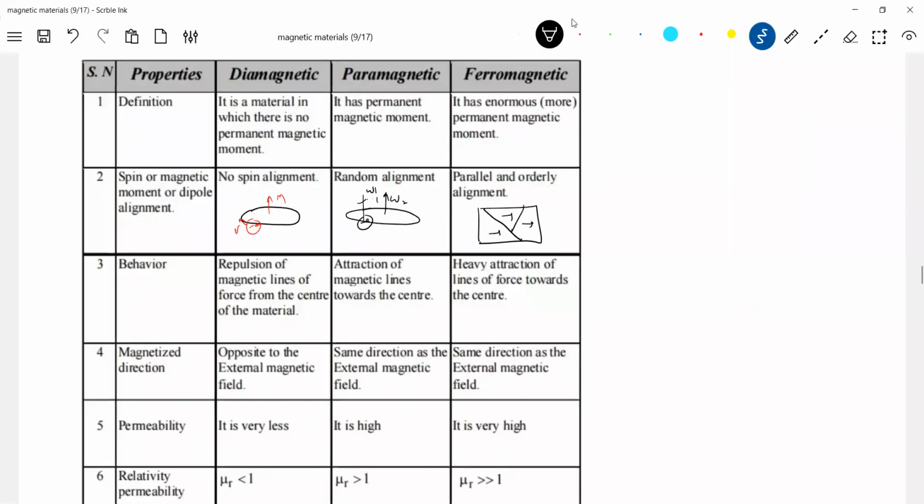If you keep the diamagnetic substance in the magnetic field of a bar magnet, the magnetic field won't pass through it, because the lines of force will be repelled. This is what happens to the magnetic field. Now when you bring a paramagnetic substance, the lines will start passing through it.